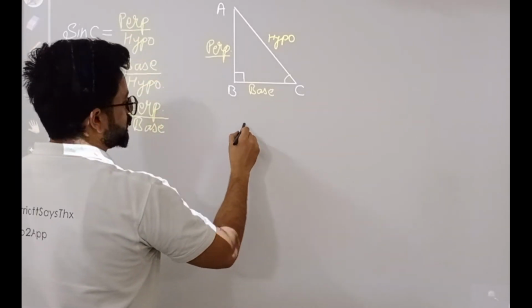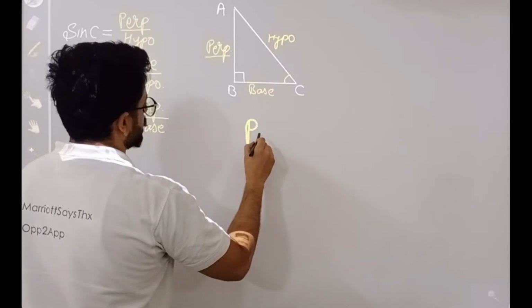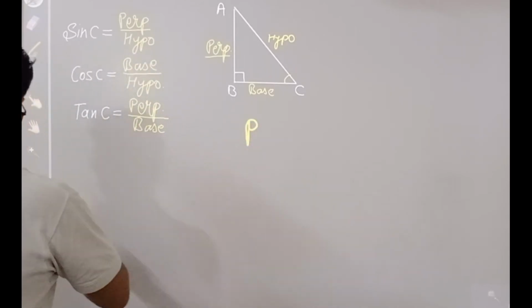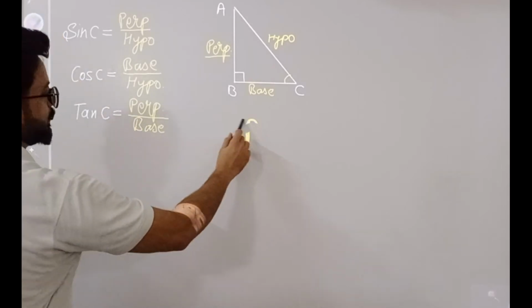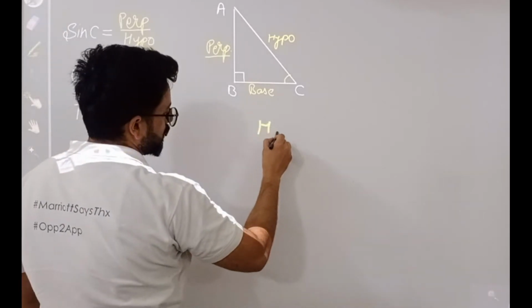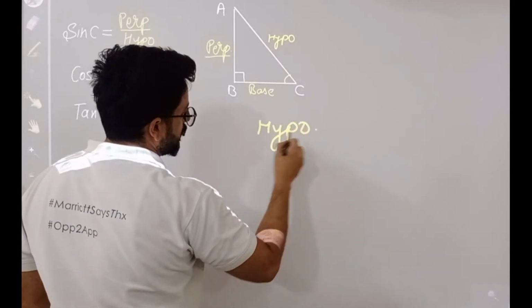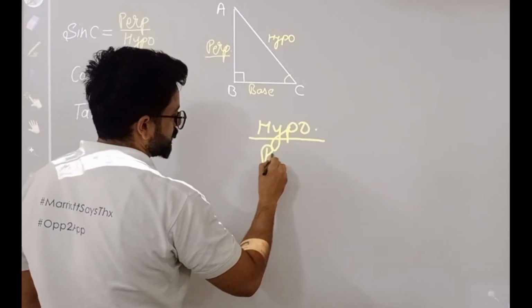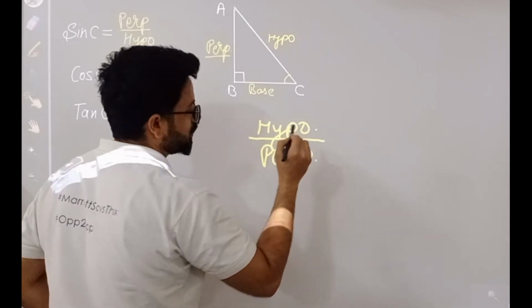Now the fourth one, hypo upon perpendicular.